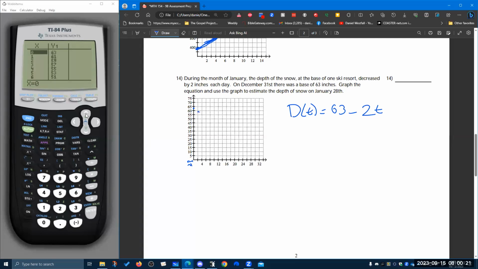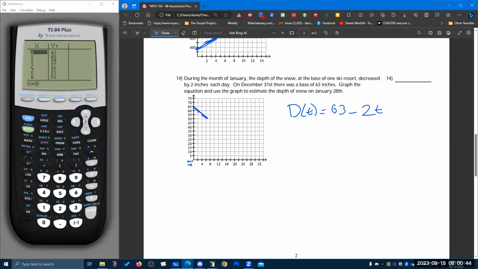On day 4, it's 55. No, 50. Yep. On day 6, it's 51. So on. So this looks like the model right here.